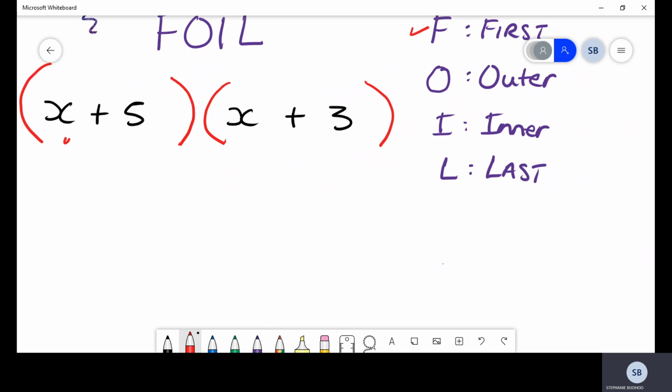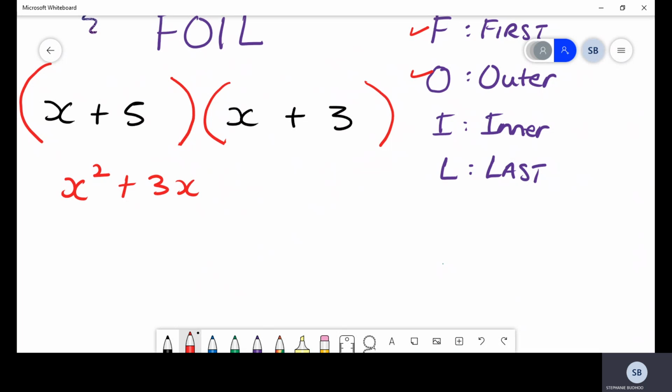Then we are going to multiply our outer values. What are our outer values? Well, our outer values are the extreme values at the opposite ends of each other. So we are going to multiply x by positive 3 to give us positive 3x.